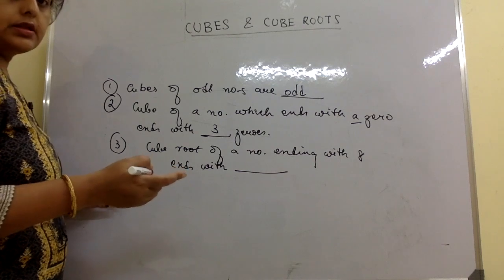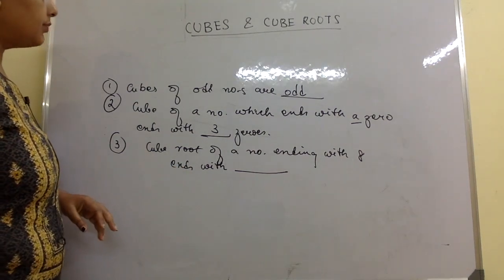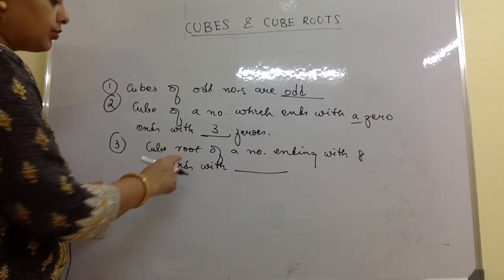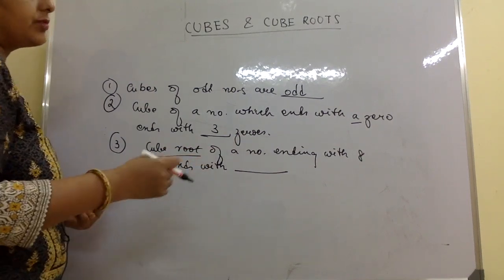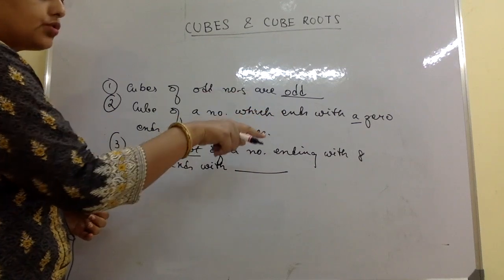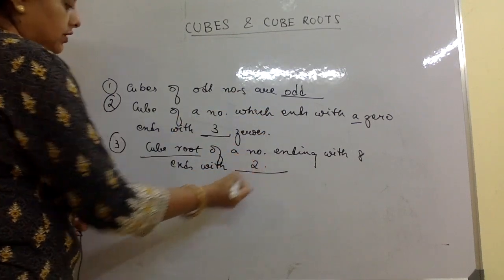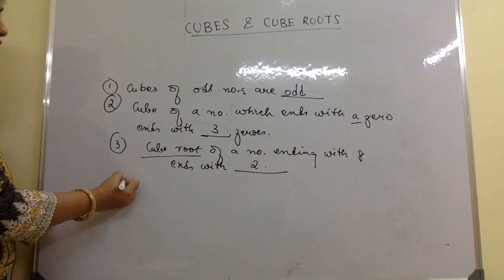So what is it? Mark it, this is the cube root of a number ending with 8. Now cube root of 8 is 2. So the cube root of the number will end with a 2.